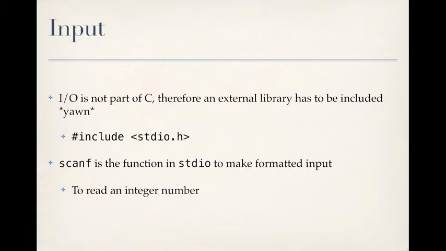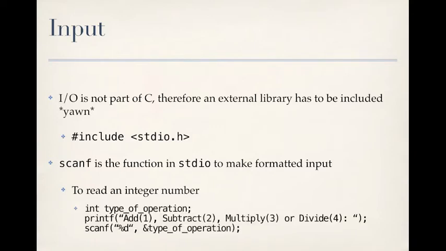So to read an integer number, we have to do the following. Consider here an int variable operation, and here we give a polite message about what we want. We inform the user that we want a 1 to make an addition, a 2 to subtract two numbers, a 3 to multiply, and a 4 to divide.